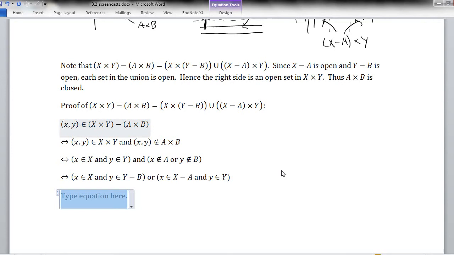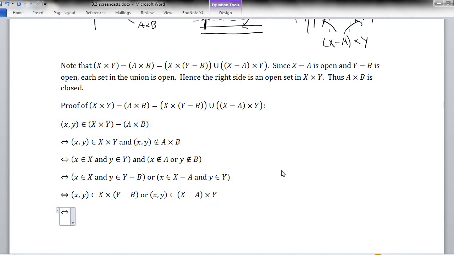And then we're getting pretty close, because for x to be in X and y to be in Y minus B, that's equivalent to saying that the point (x,y) is in the set X times the set Y minus B. So we have that, or the point (x,y) is in the set X minus A times the set Y. Right?